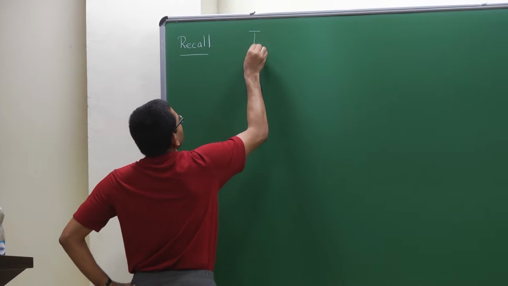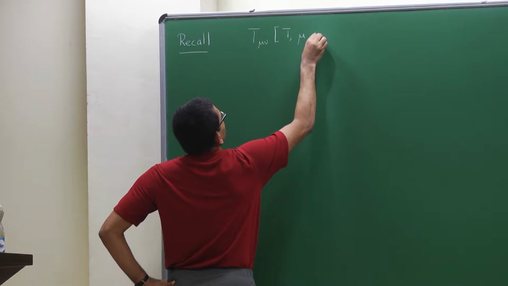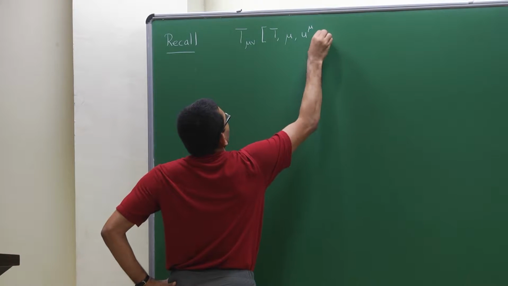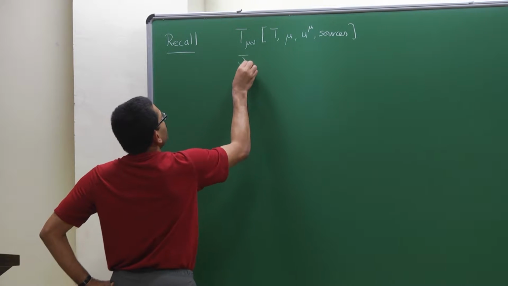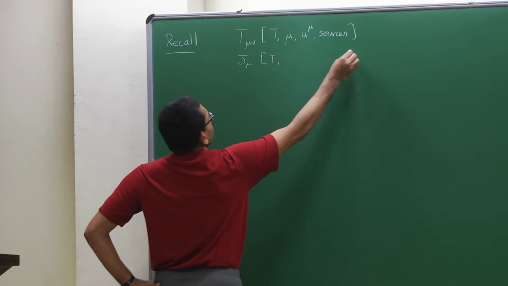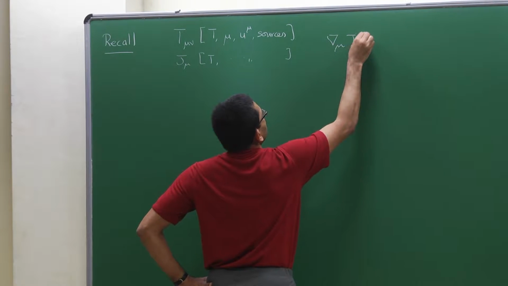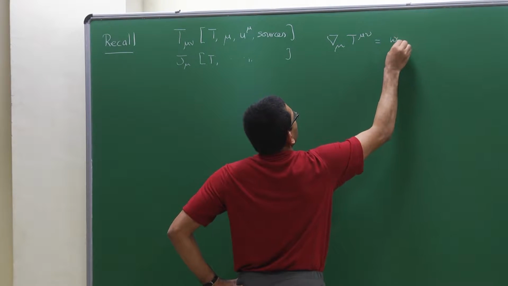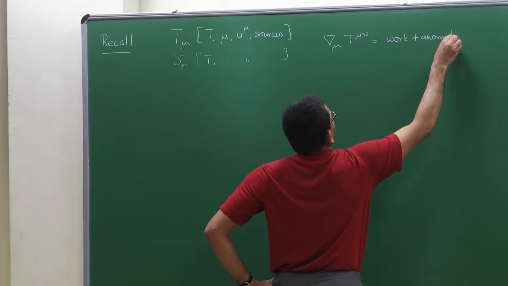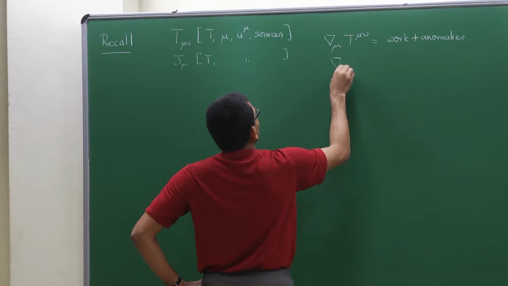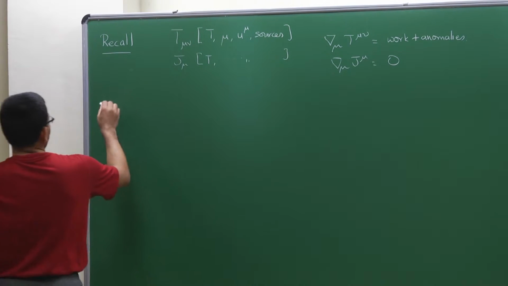So we had conserved charges, which were functionals of the sources, conserved up to work terms and anomalies. And they admitted a gradient expansion.